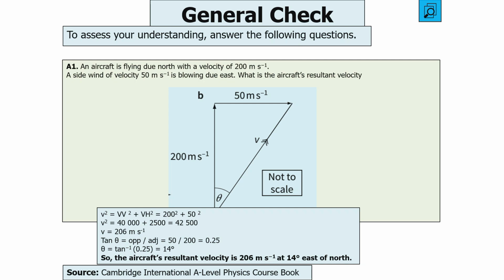So it's 200 squared plus 50 squared, which is 42,500. So therefore v is equal to 206 meters per second. Tan theta is opposite over adjacent, which is 50 over 200, which is 0.25. So theta is therefore equal to 14 degrees. So the aircraft's resultant velocity is 206 meters per second at 14 degrees east of north.